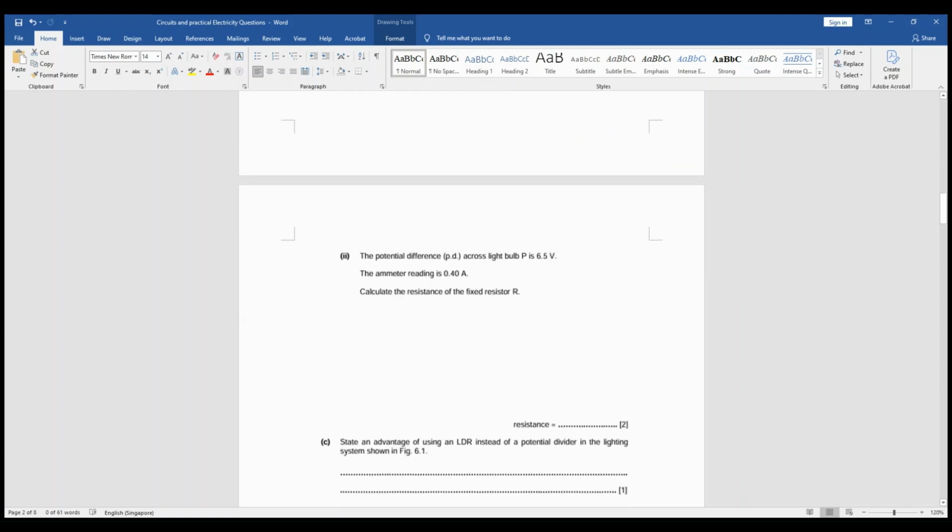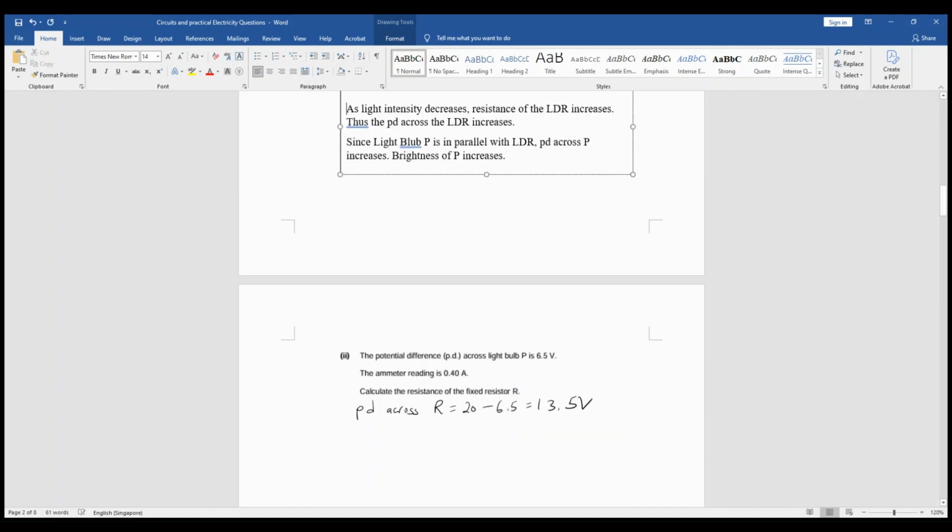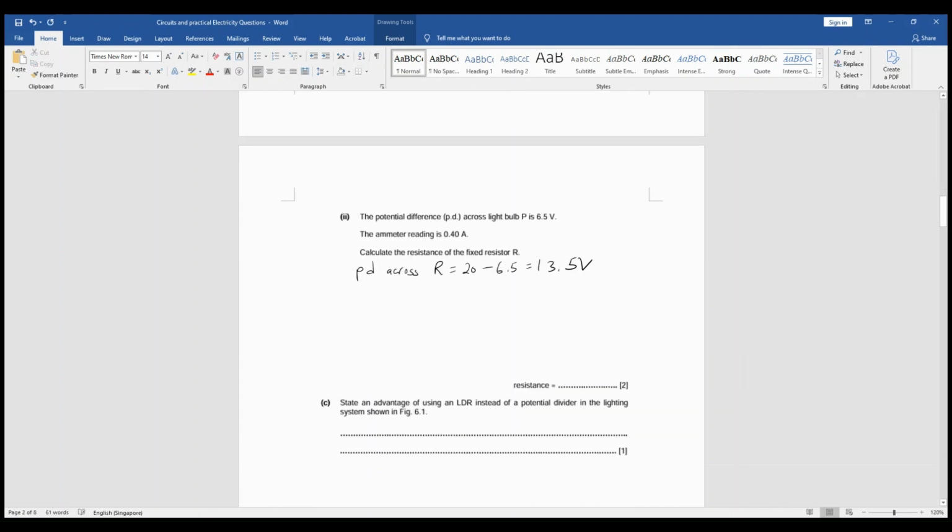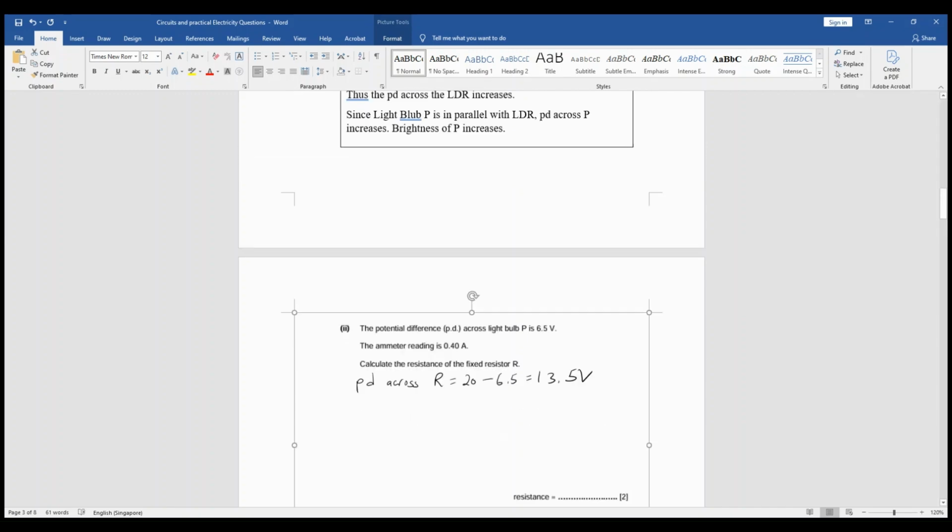Okay, so we know PD across R is equal to 20 minus 6.5 equal to 13.5 V. Okay, sorry, I entered for resistance. Did I just enter something?